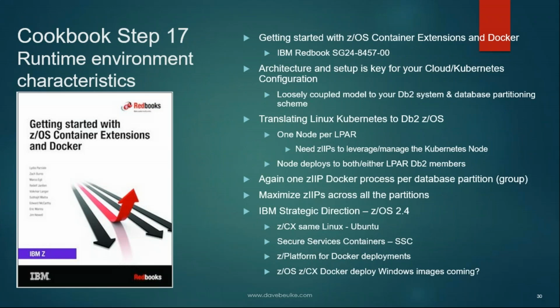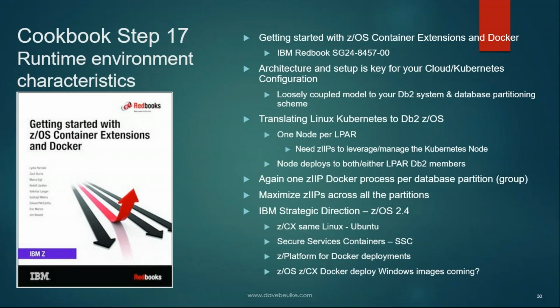The other thing is, we've been looking at putting our Docker and our Kubernetes environment on, and this is a great Redbook that just came out that explains all the information that we've been going through. If you're going to do a Kubernetes and Docker type of cloud, you can do it very easily in a Unix or Linux environment, Ubuntu on z/OS 2.4.